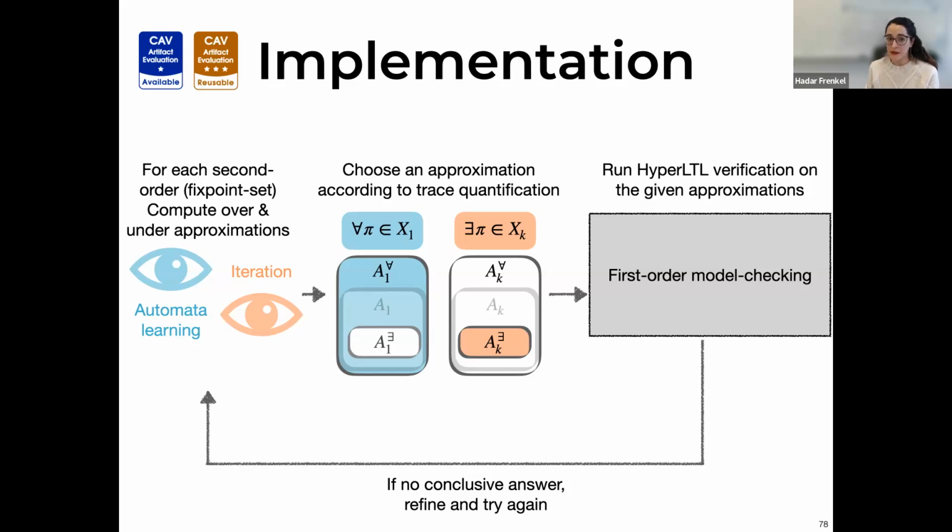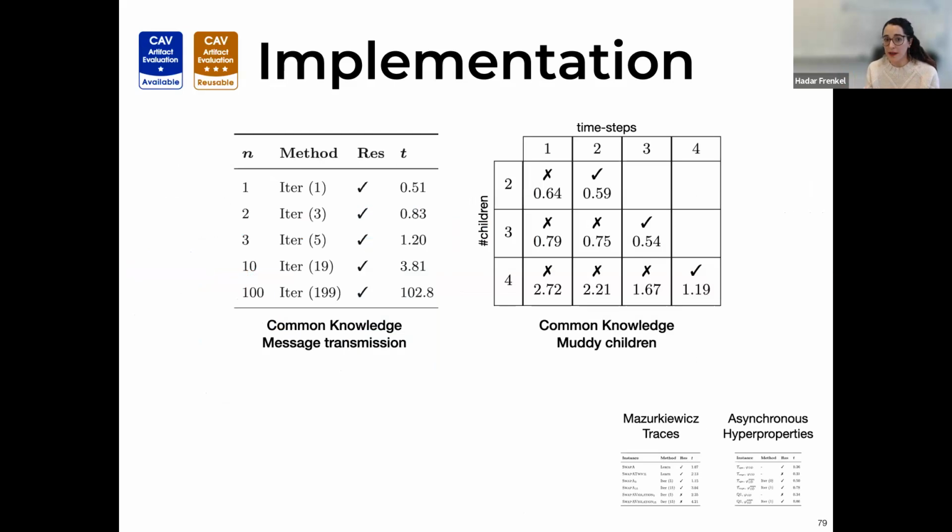What is very interesting is how you compute over and under approximations, and how you capture in the automata the relations between the variables. So in our implementation, we use automata learning to compute over approximations, and we use the iteration approach to compute under approximations.